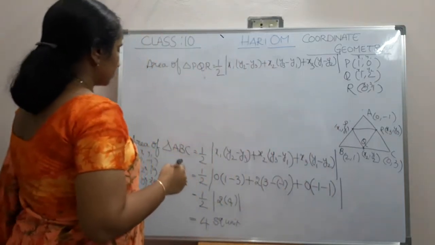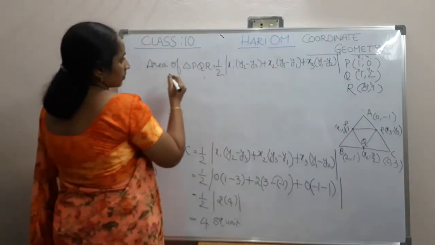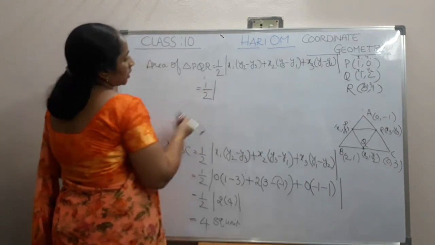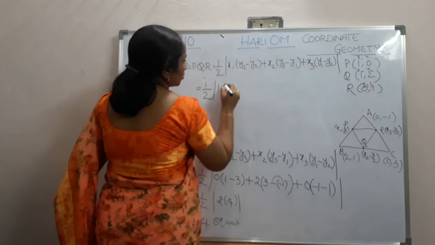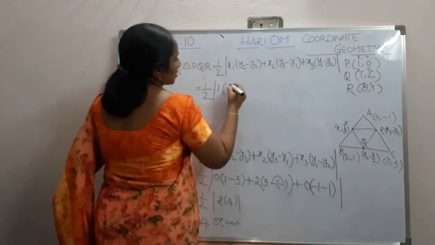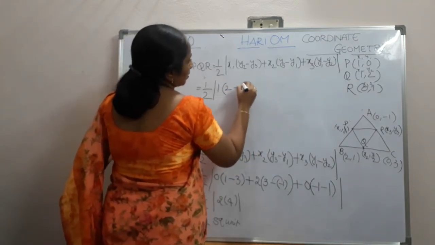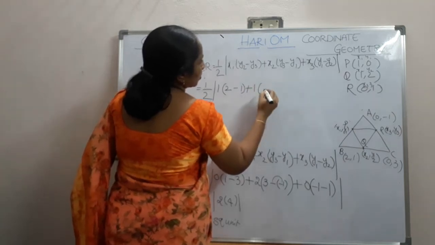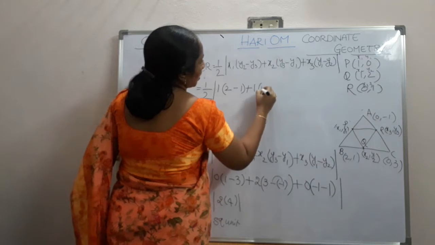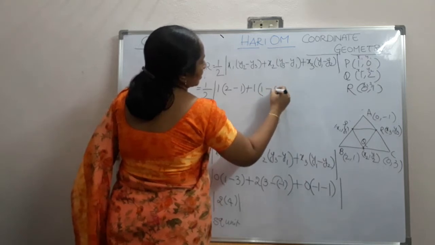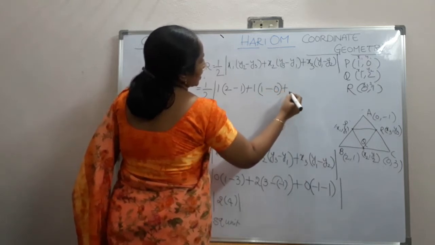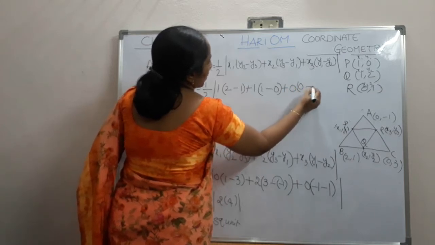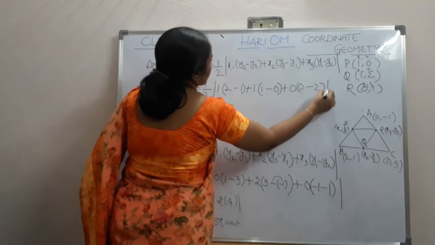It is 1 by 2 modulus of 1 into 2 minus 1, plus 1 into 1 minus 0, plus 0 into 0 minus 2.